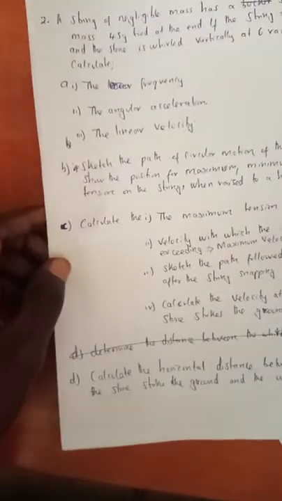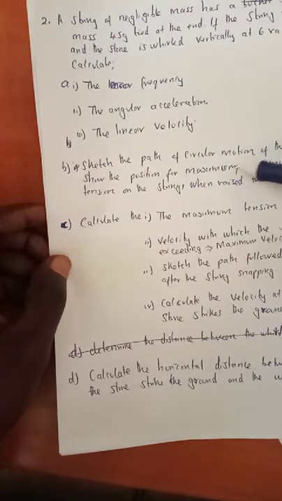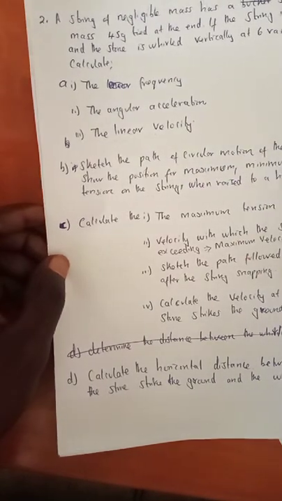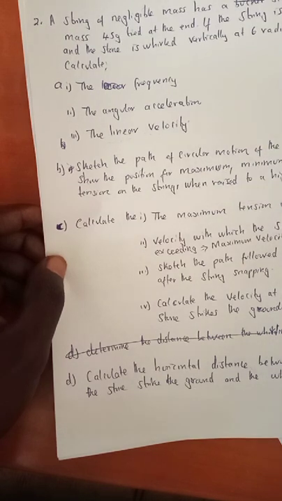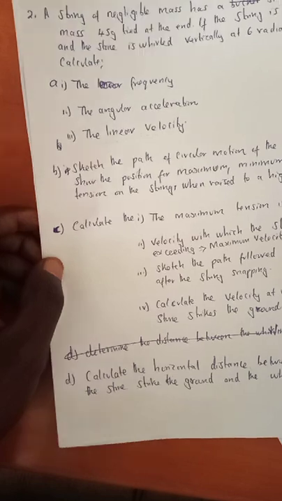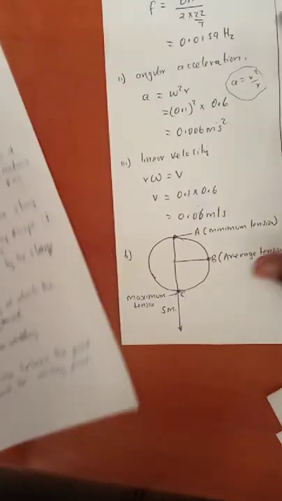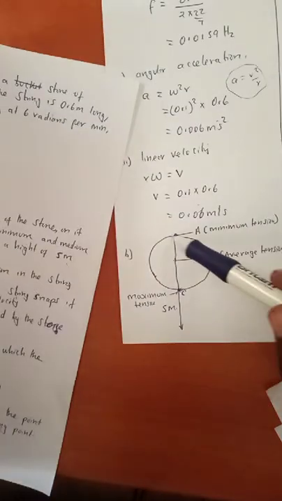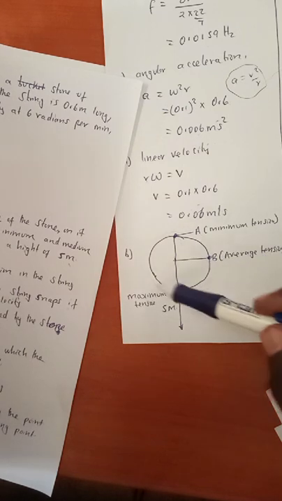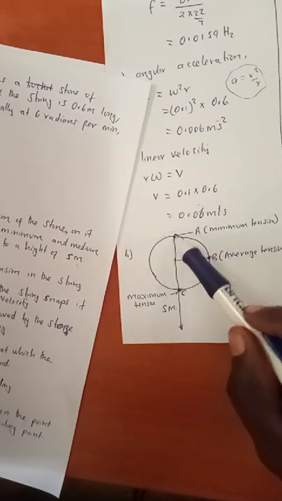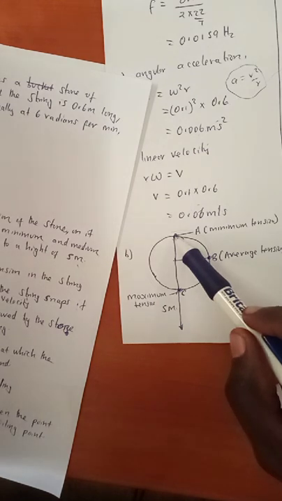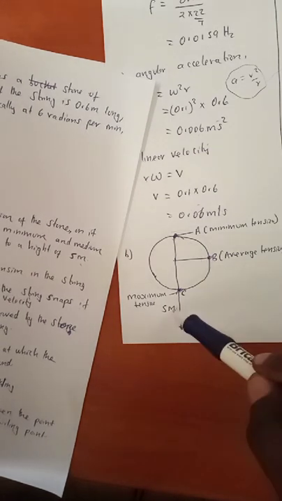Then here we have our second part: sketch the path of the circular motion of the stone. On it, show the positions for maximum, minimum, and medium tension in the string when raised to a height of 5 meters. So this being our object, it is moving in this circular manner, which becomes the path. The minimum tension in the string is at the top position, and it is also at this position that it is able to fall down.